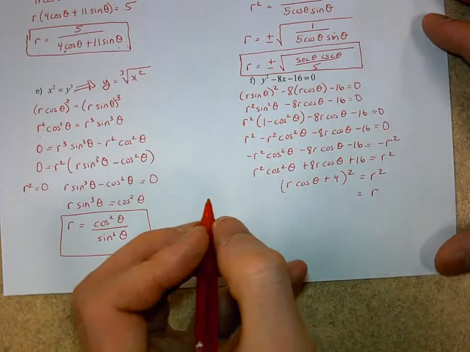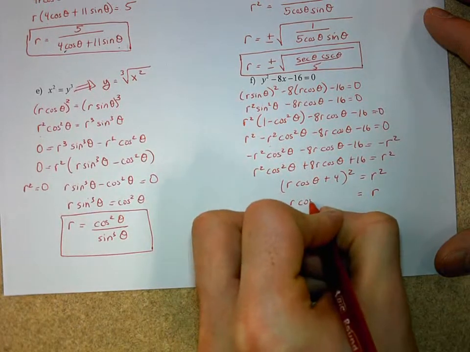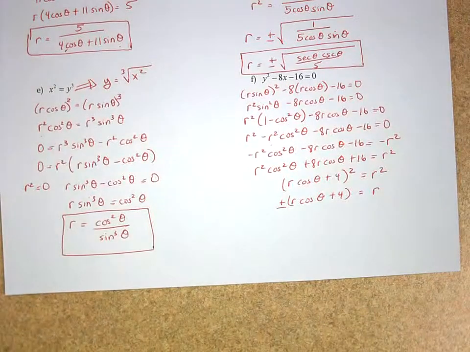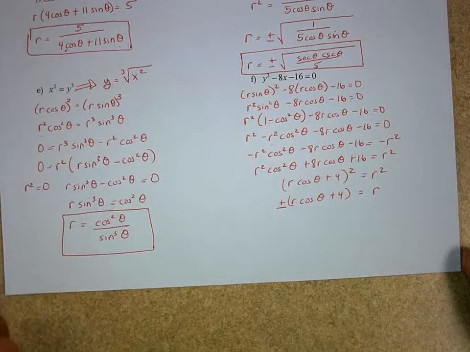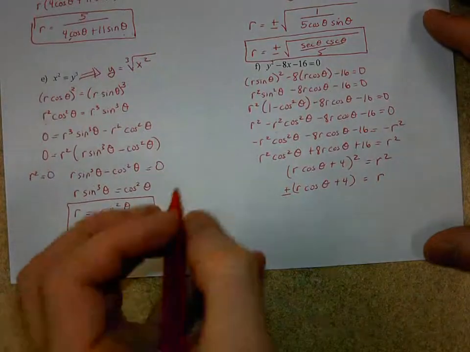And then r is equal to plus or minus r cosine theta plus 4. We're almost done. We've got a plus or minus equation that we need to solve for. So I've got two equations.